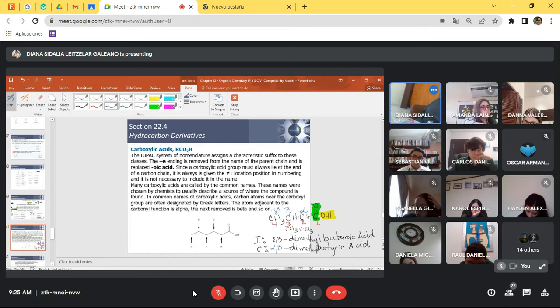Notice that the letters start in the next carbon, not in here. This is carbon 1. This is what identifies our compound as, in the first case with an H, aldehyde. In our case with an OH is a carboxylic. So it is alpha beta dimethyl butyric acid.